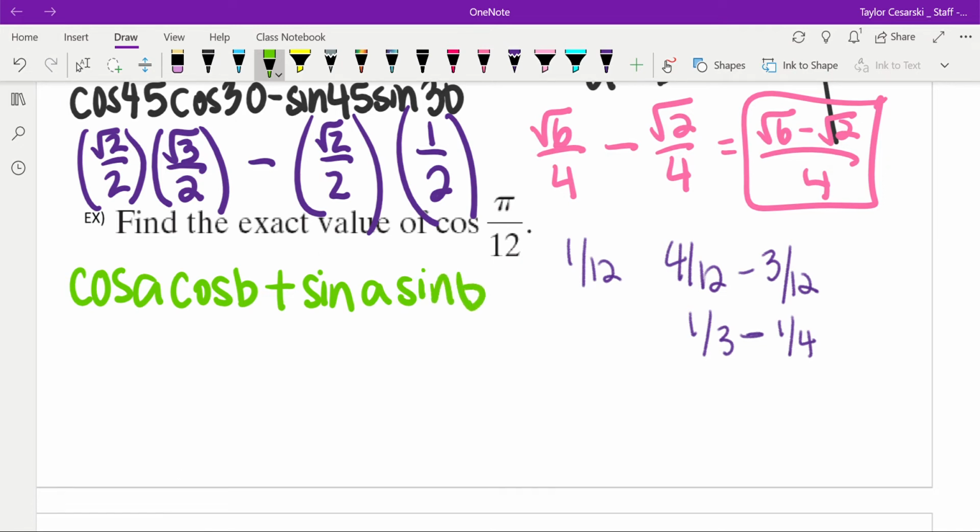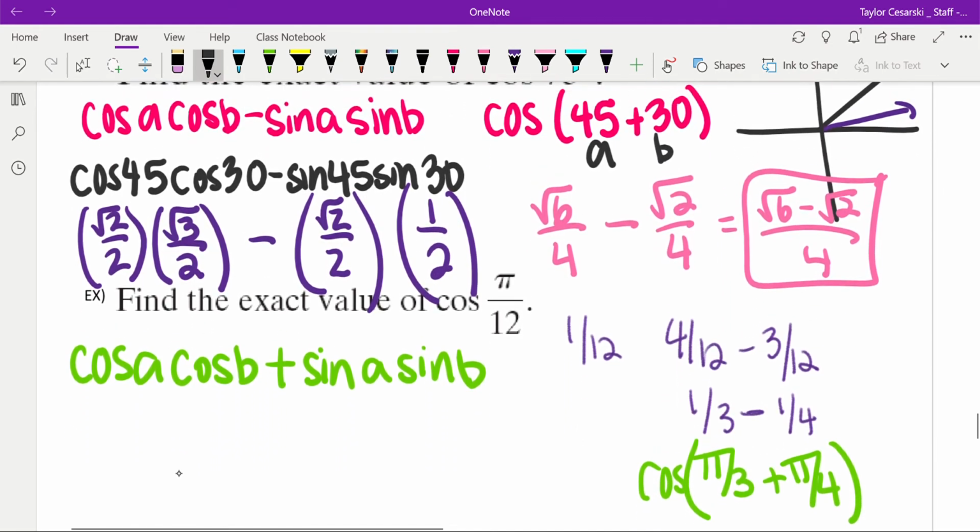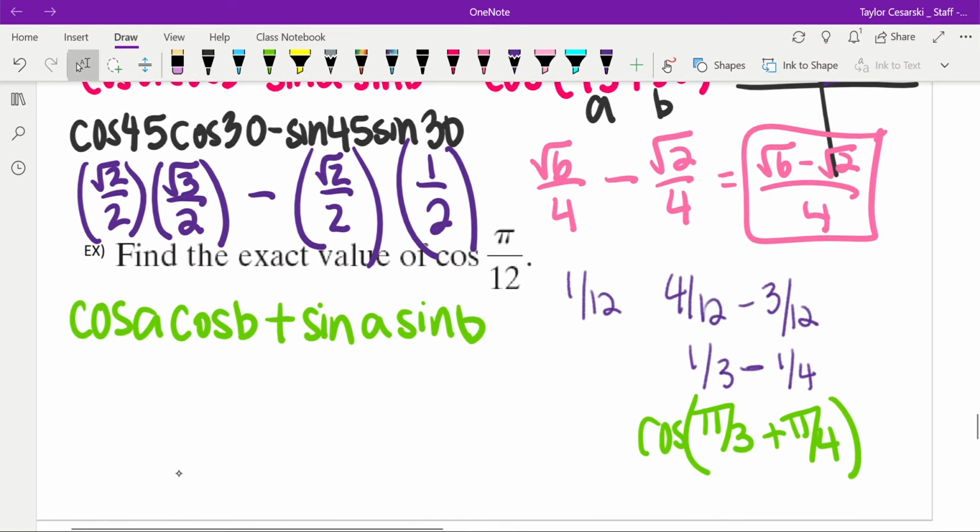Okay. Now you can probably predict what's going to happen here, but let's just go ahead and go through the algebra. So we have one angle that's going to be pi over 3, and one angle that's going to be pi over 4. All right, so cosine of pi over 3, wait, hold on, I messed this up right here.